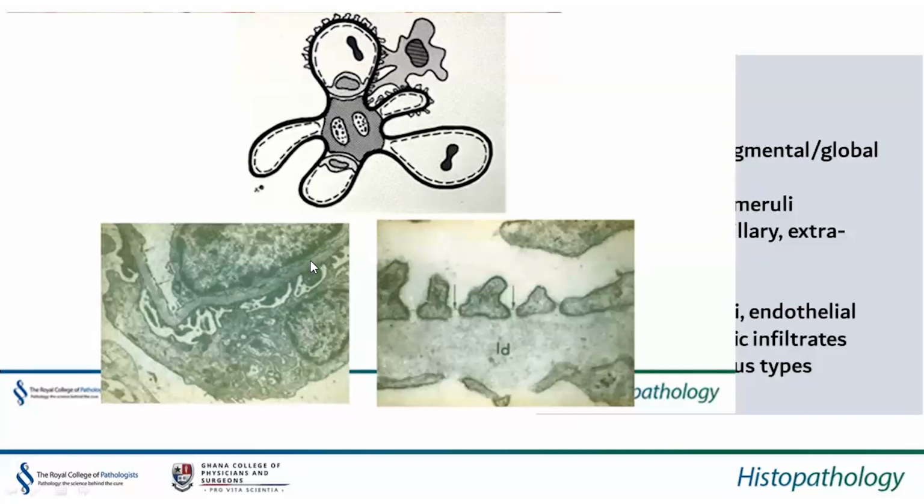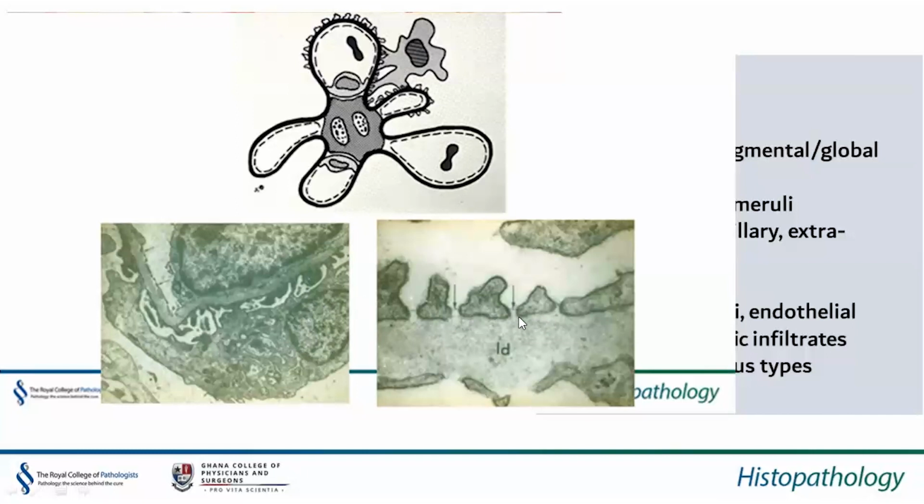And the most important cell, the cell that plays a pivotal role in the filtration function of the glomerulus, is this cell, the podocyte. And here is the podocyte. Here are its foot processes, and this is the nucleus of the podocyte. This is the largest cell of the glomerulus, and in between its foot processes, as you can see here, are the filtration slits, which are covered by the slit diaphragms.